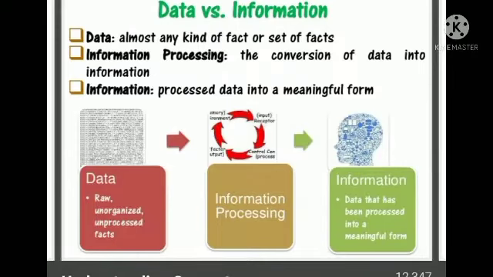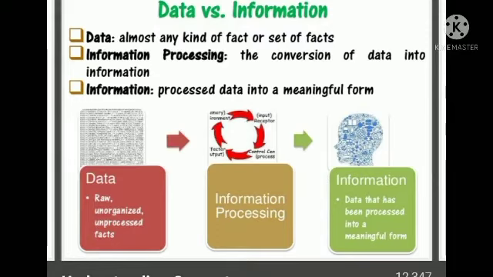We all know for processing a computer needs data, isn't it? Data means almost any kind of fact or set of facts. Okay, data is raw information. That is the input which is given to the computer. Information processing means conversion of data into information.